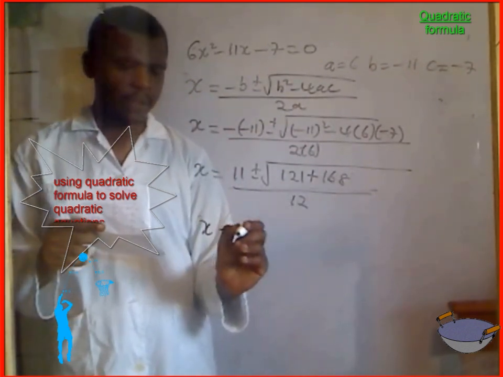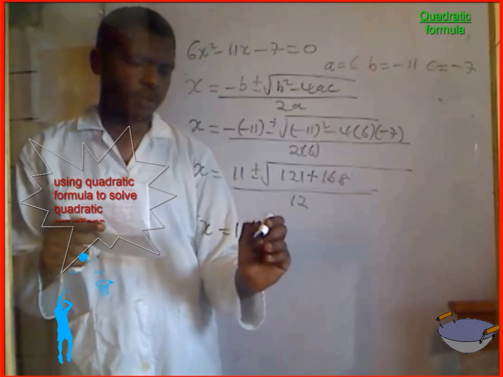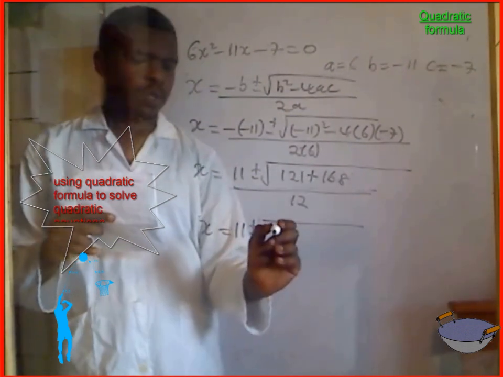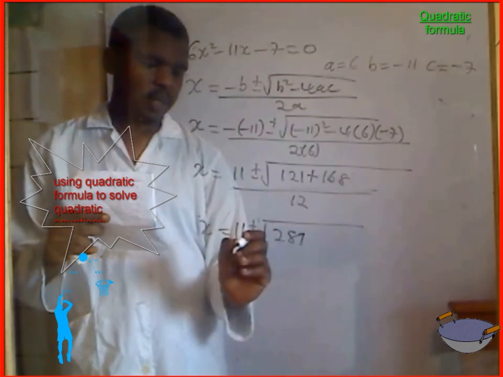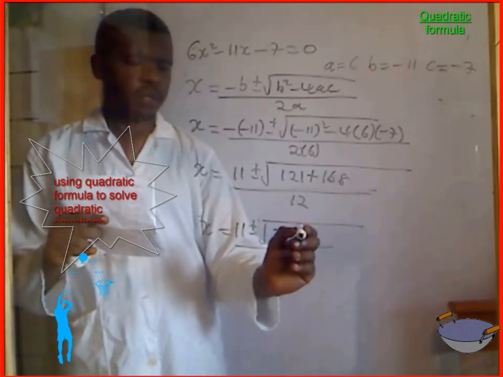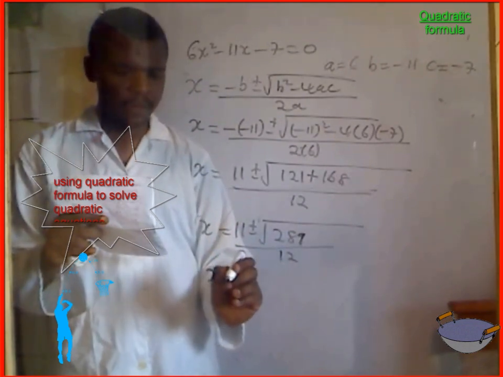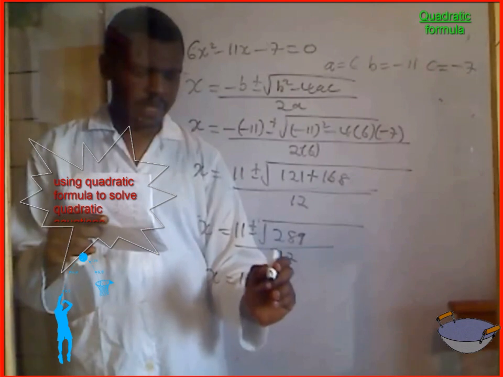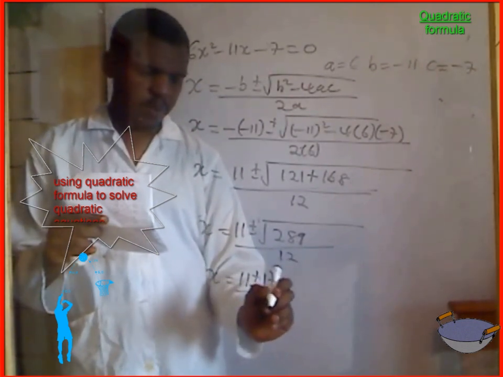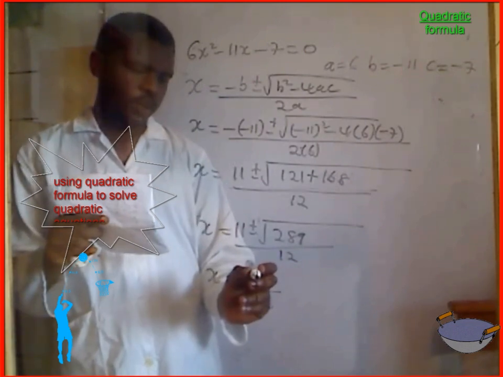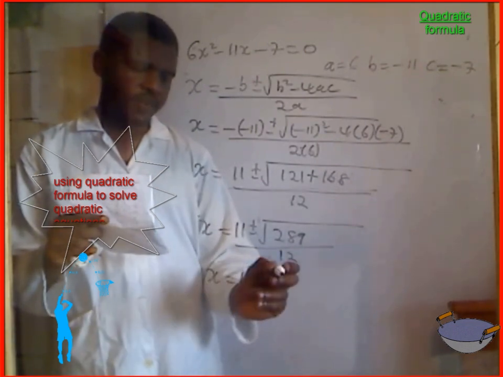X is equals to 11 plus or minus, we add these two, gives us square root of 289 divided by 12. What is the square root of 289? So I have the x is equals to 11 plus or minus 17 divided by 12. So at one time, we use positive plus 17.